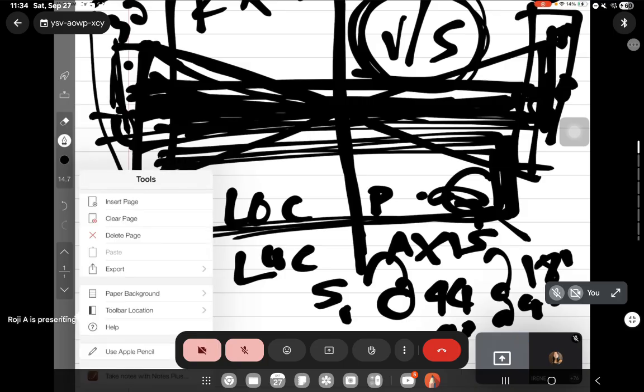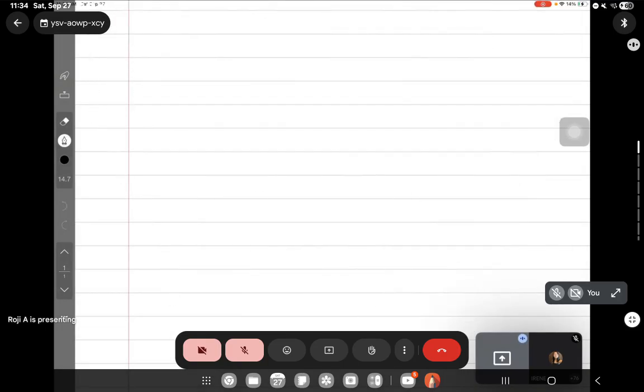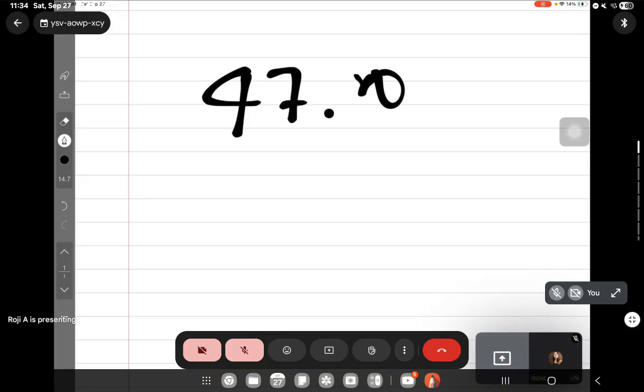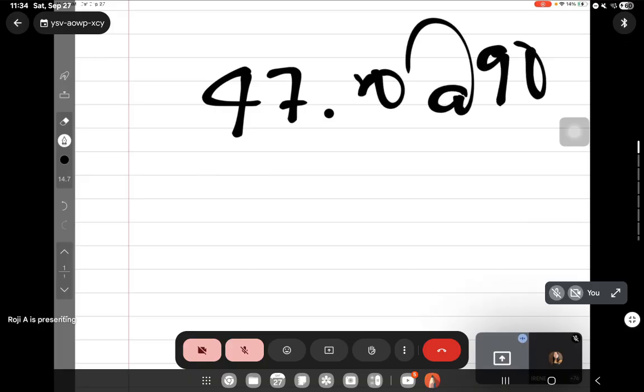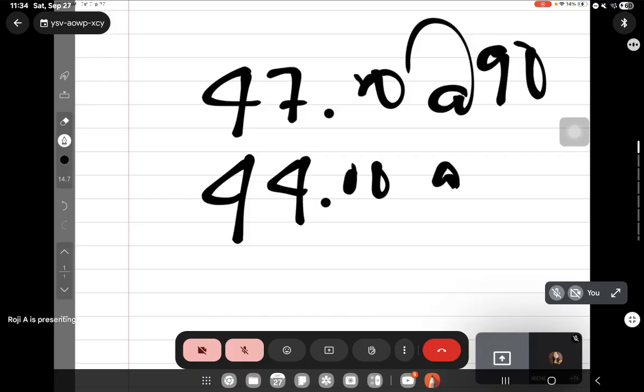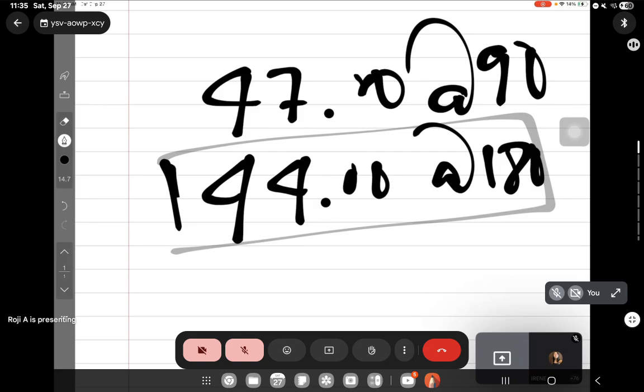Okay, let's clear this again. I have 47 at 90 and 44 at 180. Where is it flattest? At 180. Very good. So this is flattest.